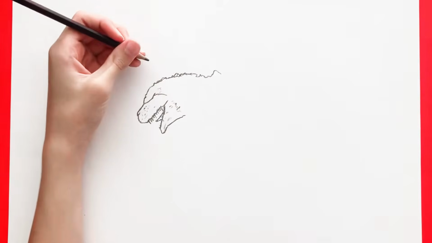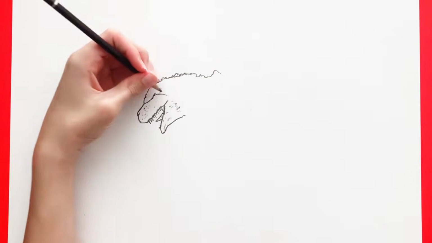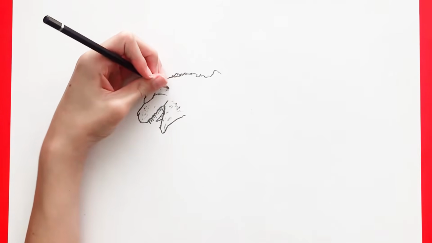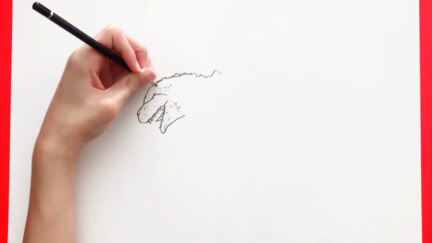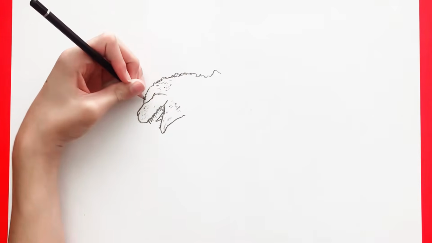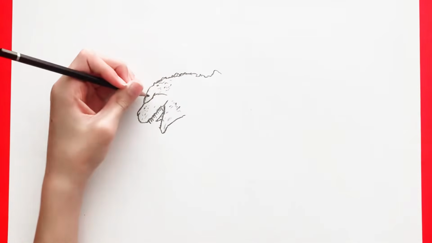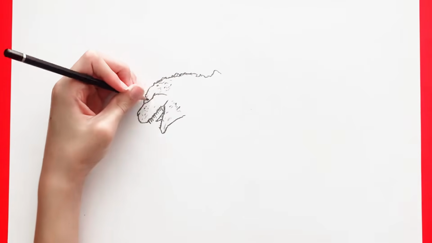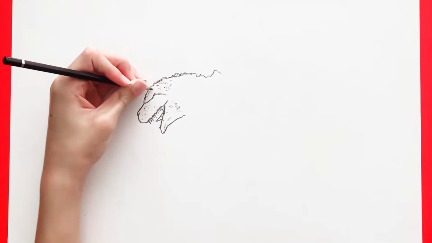Alright, so now his neck is just gonna come back over here. So there's gonna be a bump right there. So now there's just gonna be a lot of these on his head. You don't have to do all of this, but I'm just gonna. And just make sure you don't add them down here because we're gonna do something with this later.